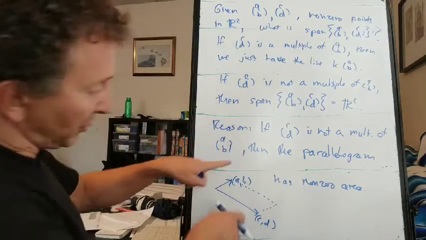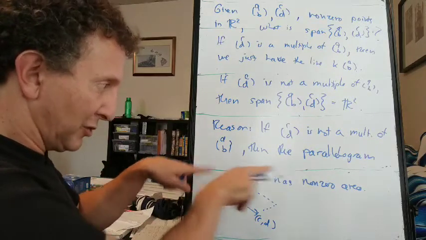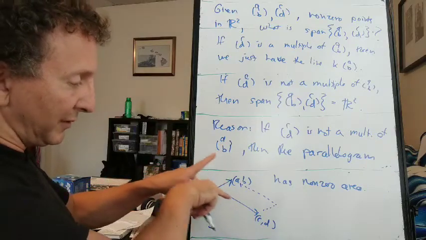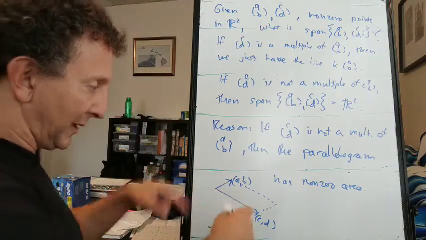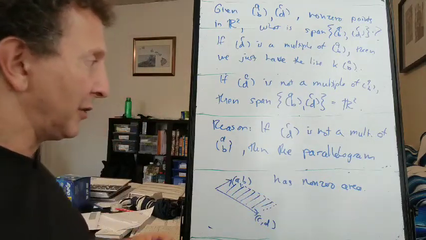If (c, d) were a multiple of (a, b), then it would collapse to be a degenerate parallelogram. It would just be a line. But if (c, d) is not a multiple of (a, b), then the two vectors point in different directions, and we get an actual parallelogram with some non-zero area.